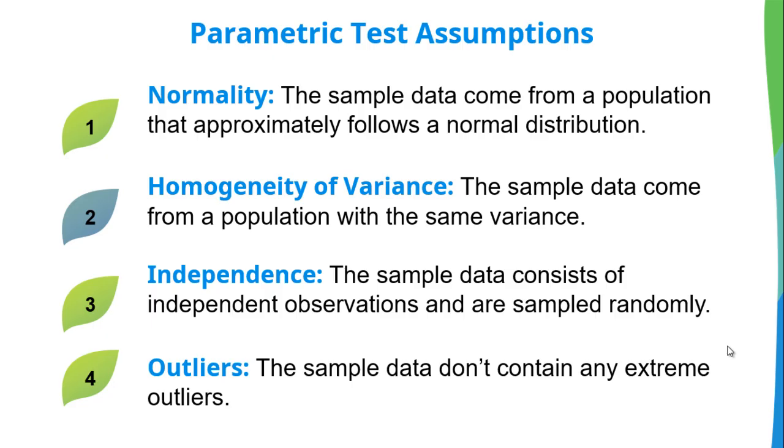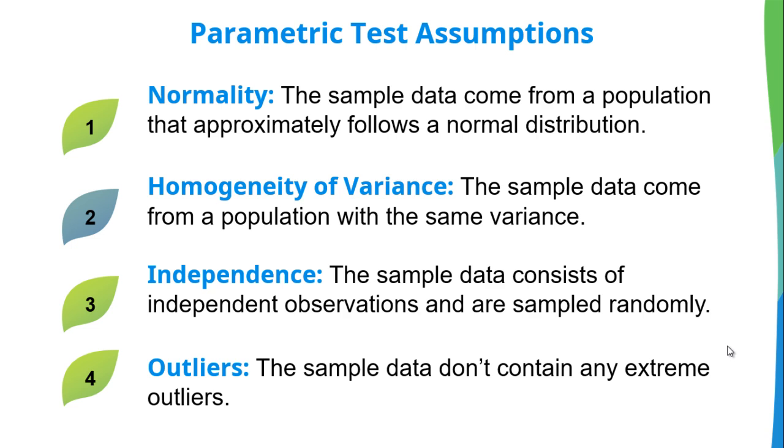We're also going to test that. We don't need an independence test because we have agreed that the sample data consist of independent observations, so we don't need to bother about that. But we need to also check for outliers: the sample data should not contain any extreme outliers.